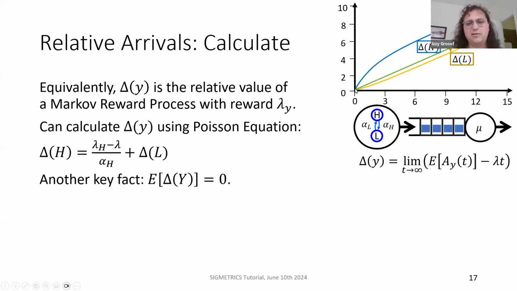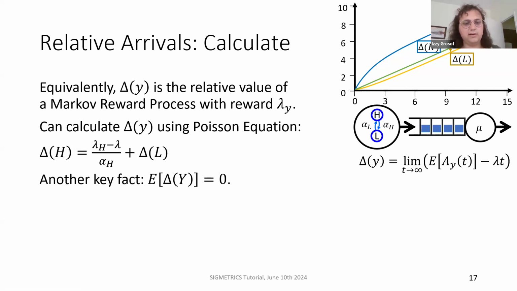And that's because the expected number of arrivals in stationarity is just a constant lambda jobs per second. There's none of this variation that comes from being outside of stationarity. So this one is 0, and this basically gives us 2 equations for delta H and delta L, and that's enough to solve for their values.